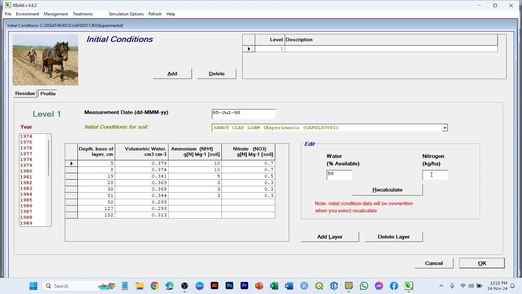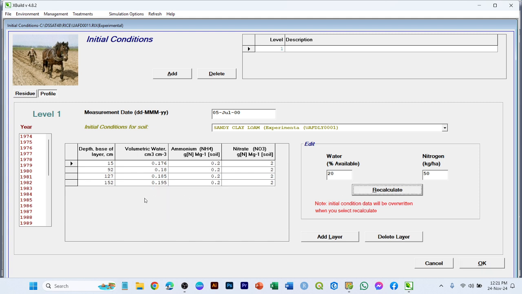After we put in these two parameters, we gave the task to the model to recalculate all these values. See, the figures will be changed. For example, at 5 there was 0.37. Look, it will be changed automatically with just a single click.